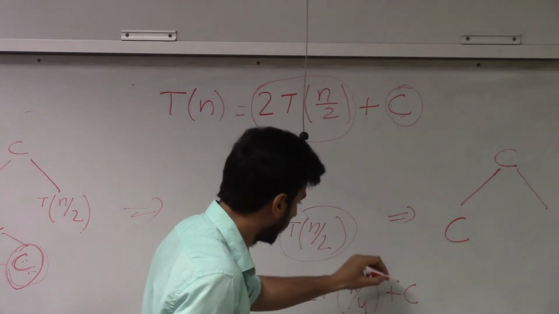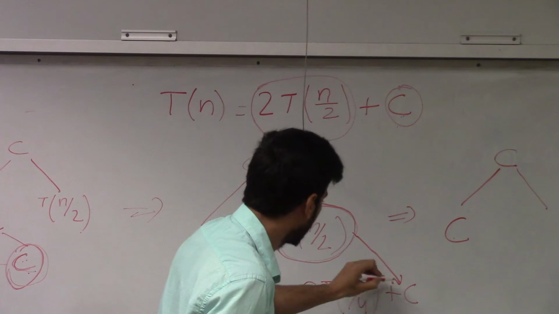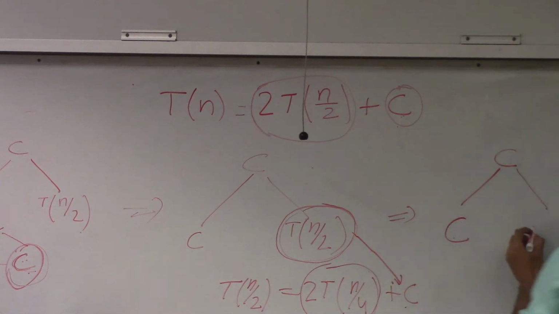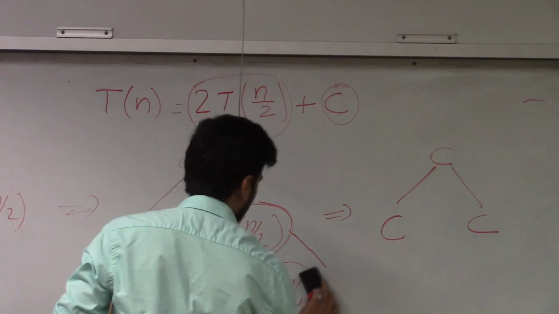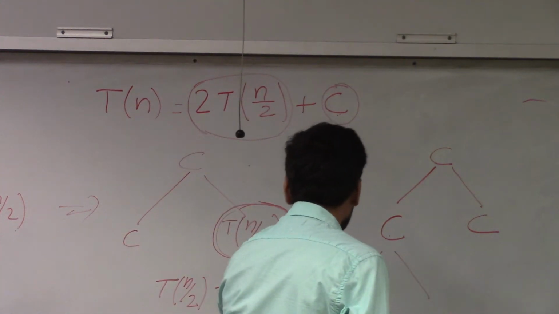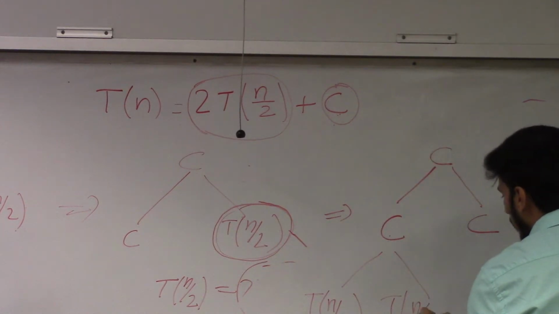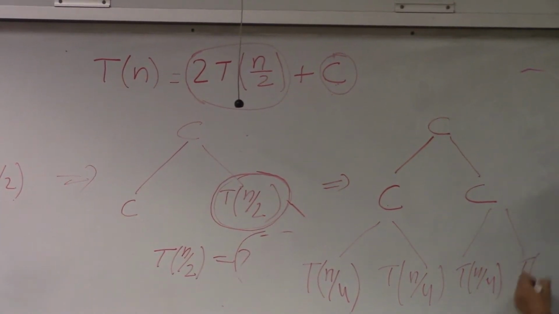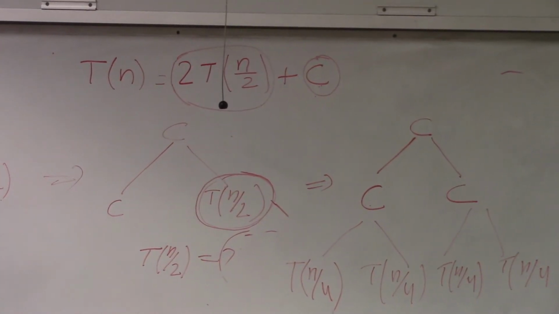This is the total work, and this work is divided into 2 instances, so we go here and we have to divide this into T n by 4, T n by 4, and T n by 4, T n by 4. You understand that? Any questions?